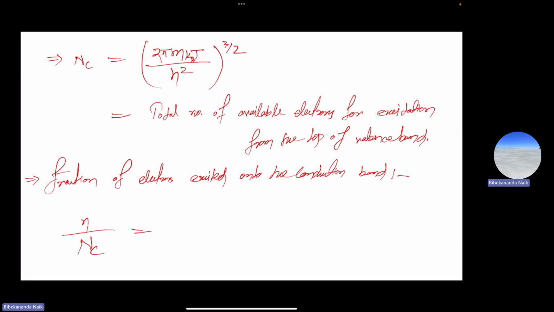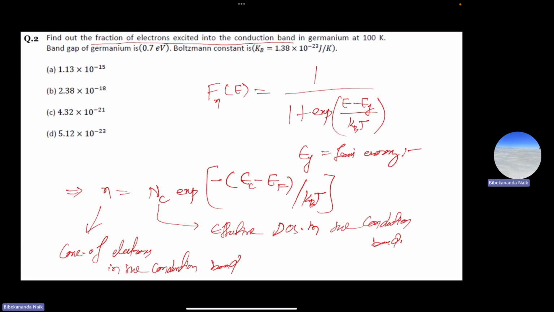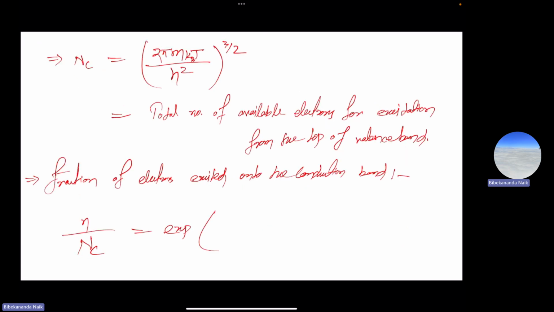This is equal to exponential minus EC minus EF by kBT. And we know for intrinsic semiconductors, EC minus EF is equal to EG by 2.